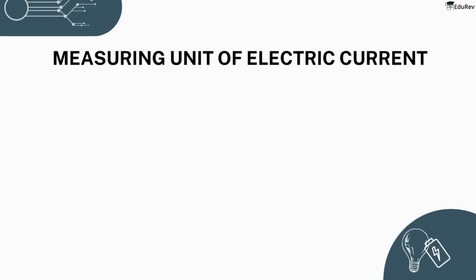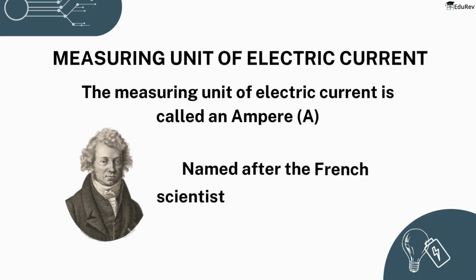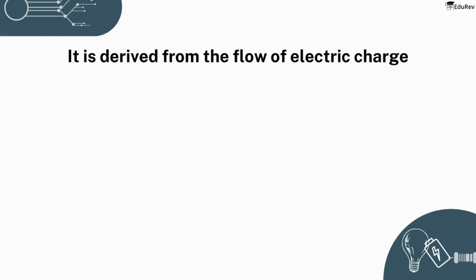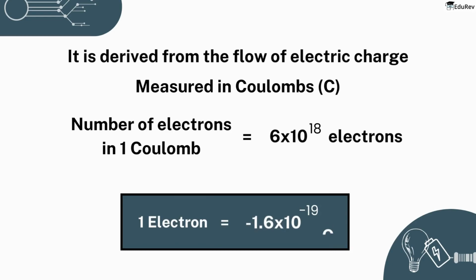The measuring unit of electric current is called an ampere, named after the French scientist André-Marie Ampère. It is derived from the flow of electric charge, which is measured in coulombs, and number of electrons contained in 1 coulomb charge are 6 times 10 to the power 18 electrons. That means 1 electron carries a negative charge of 1.6 times 10 to the power minus 19 coulomb.